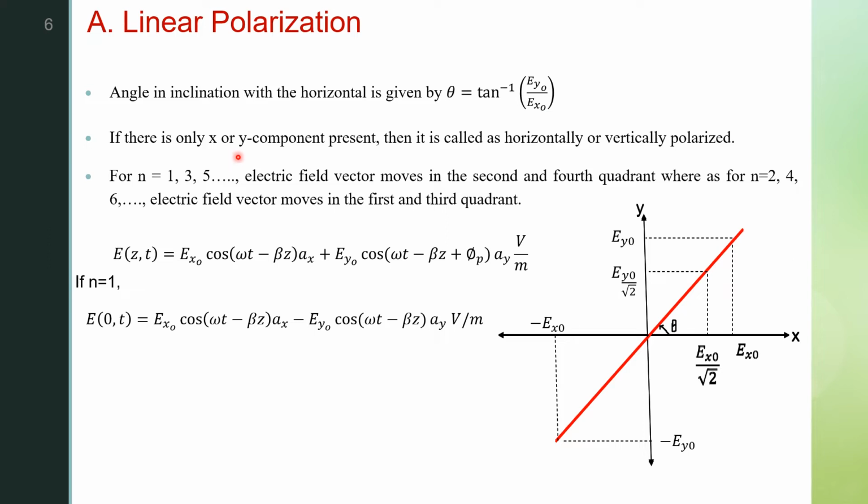So if there is only an x or y component present for this particular case, since here x is the horizontal axis and y is the vertical axis, if the electric field contains only an x component, then we can call it horizontally polarized, and if the electric field contains only a y component, then we can call it vertically polarized.